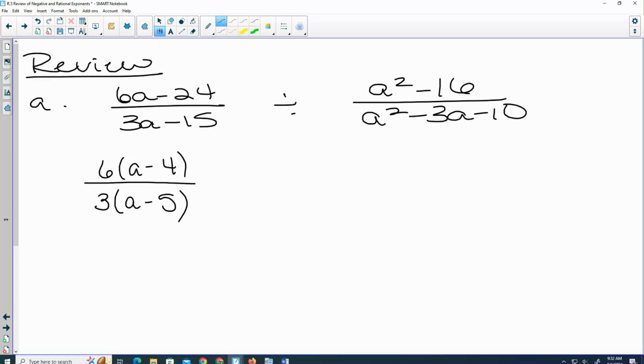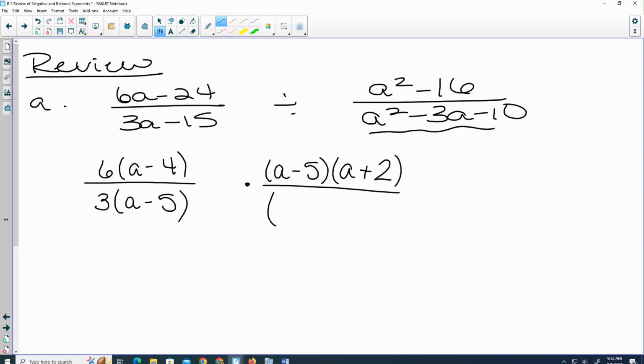What did we do if it was a division problem? Yeah, change it to times and flip. So, a squared minus 3a minus 10. What multiplies to -10 and adds to -3? Okay, a squared minus 16. So now, it's all a big multiplication problem.